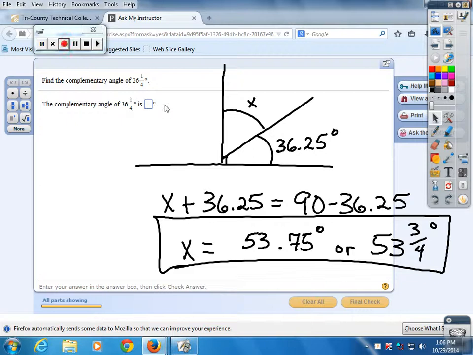Well, I guess it's not going to let me. There we go. And 3/4. Yep.